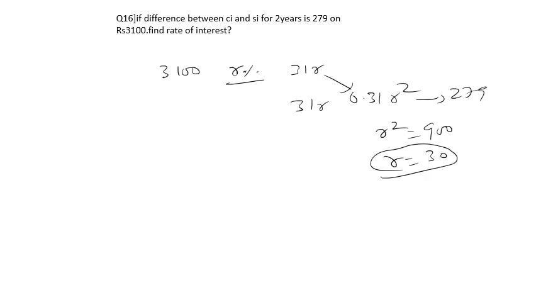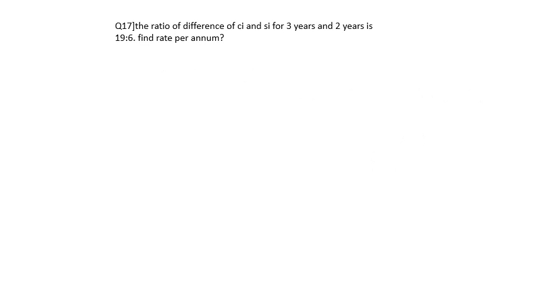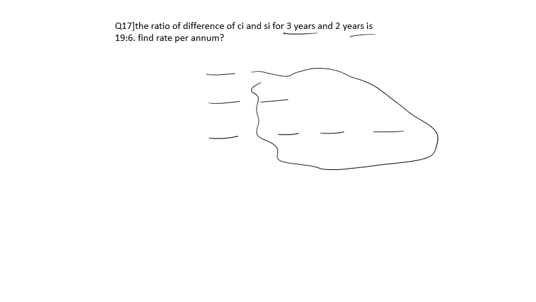Now moving to the next question. These are oral questions, guys. Now the ratio of the difference of CI and SI for 3 years and for 2 years is 19:6. Let me form the table for 3 years. This is first year, this is second year, third year. The CI and SI difference comes from this part. 2 years difference is this part, guys.